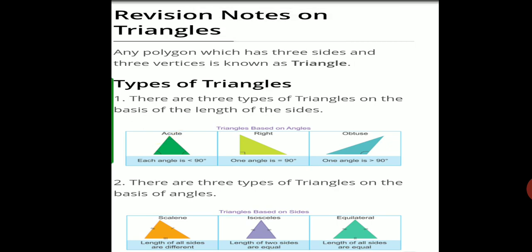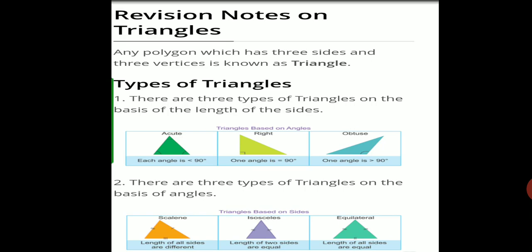A triangle in which each angle is less than 90 degrees is known as an acute angle triangle. A triangle in which one of the angles is equal to 90 degrees is known as a right angle triangle, and a triangle in which one of its angles is more than 90 degrees is known as an obtuse angle triangle.